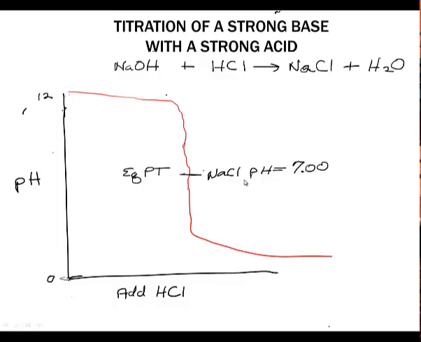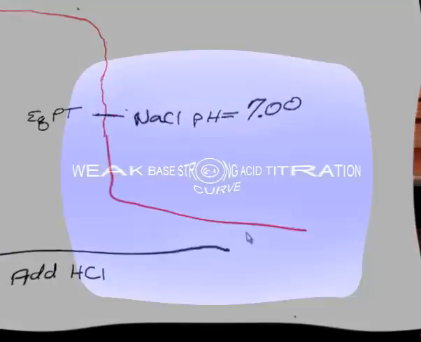It's a neutral salt, so the pH is 7. And then one more drop of HCl, and the pH plummets down to very low pHs that correspond to strong acids in excess. So take a look at the shape of a strong base being titrated with a strong acid.